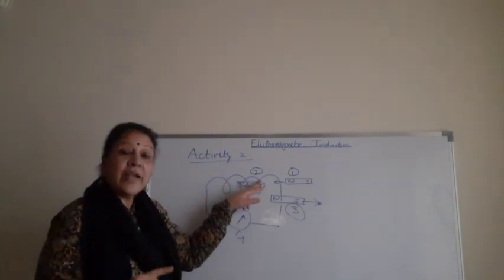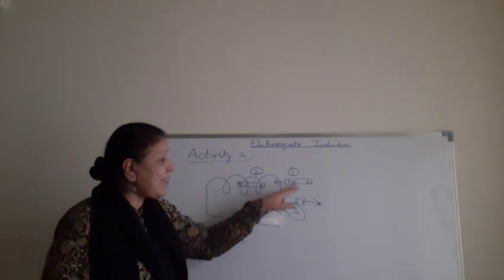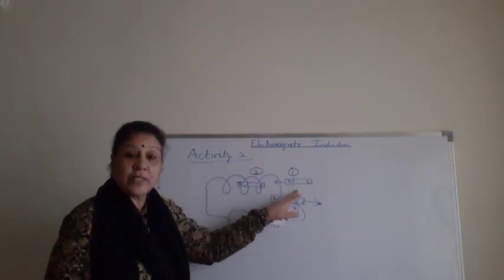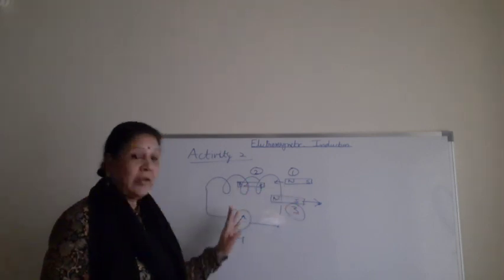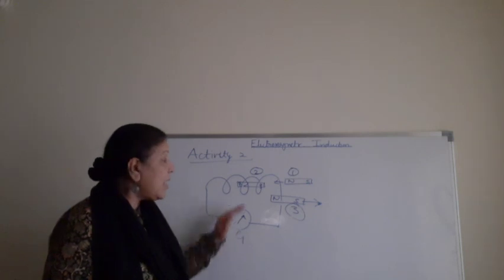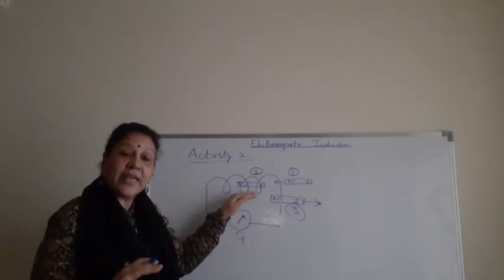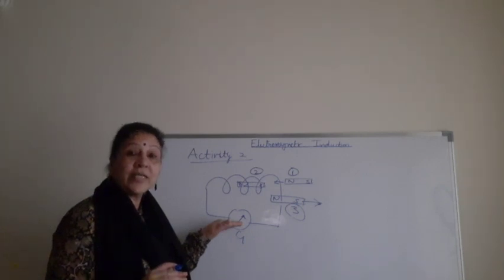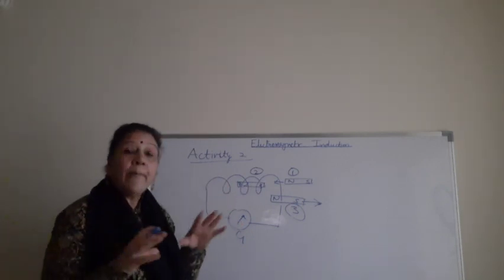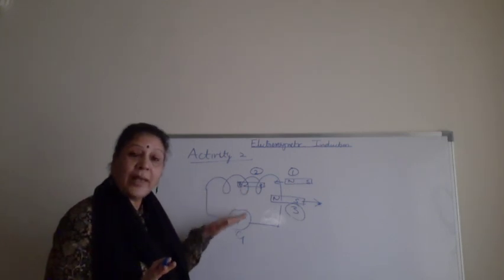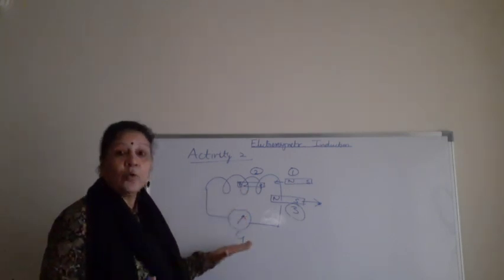When I push it inside in the first step, because of the relative motion between the coil and the magnet, here the coil is fixed and the magnet is moving, a momentary induced current flows in the circuit. Second, it becomes steady. When the magnetic field is steady, there is no motion between the coil and the magnet, so no current will flow.